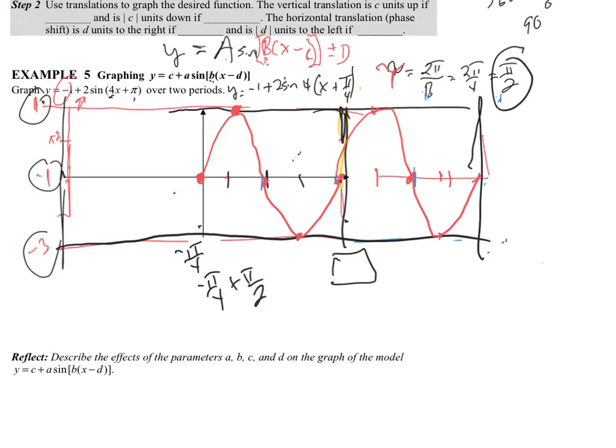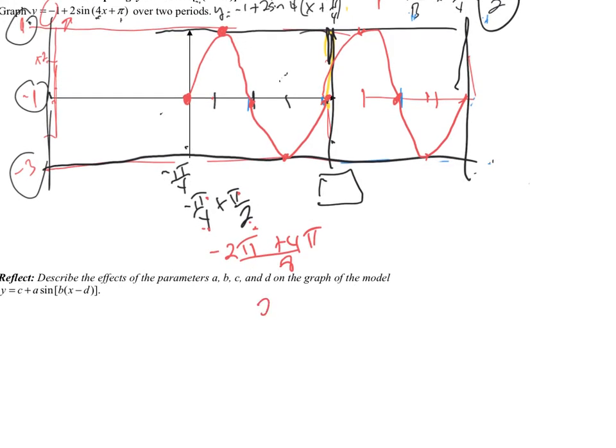Add that up. My system is take this 2 times the negative pi, that's negative 2 pi, plus the 4 times the pi, all divided by 4 times 2 is 8. That turns into a 2 pi divided by 8. That means it's finishing up in pi over 4.